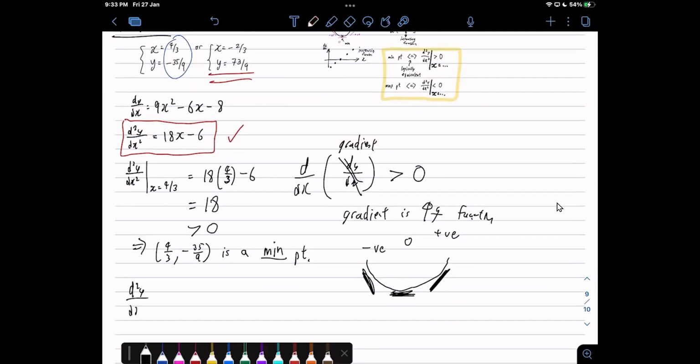I don't need the second point. I just need the x coordinate of the second point. I can just write down d2y by dx squared, vertical line x equals negative 2/3, equals 18 sub in with negative 2/3 minus 6. What do I get? Type in a calculator, quick.